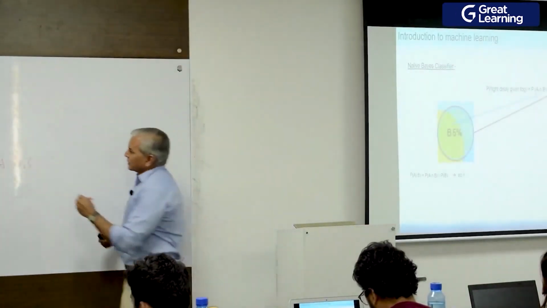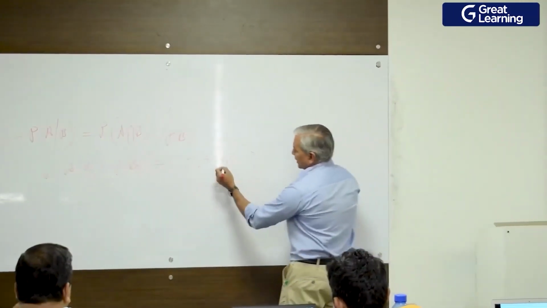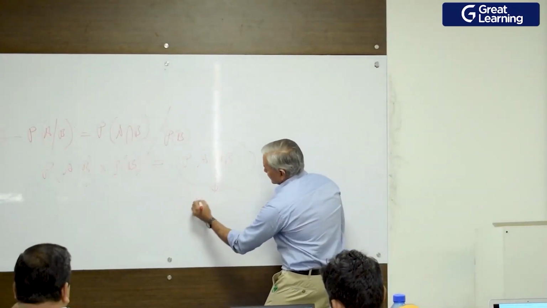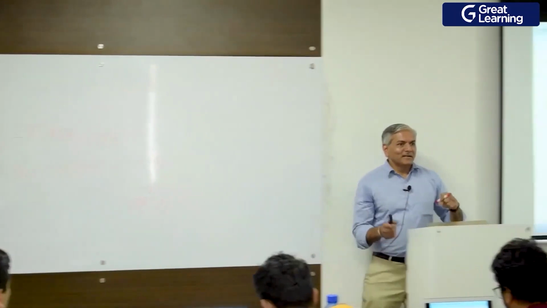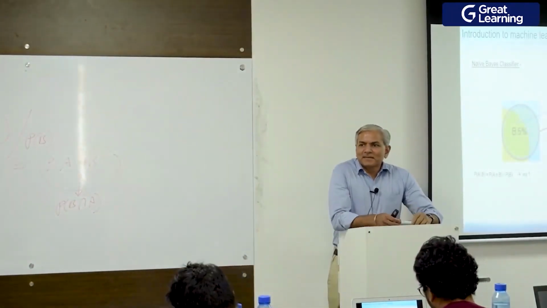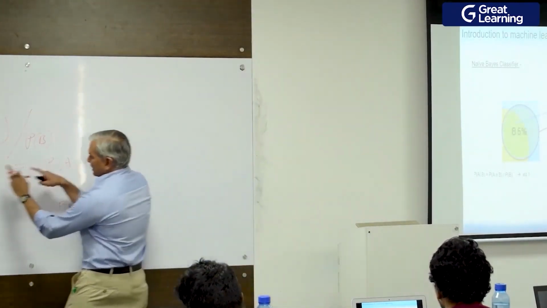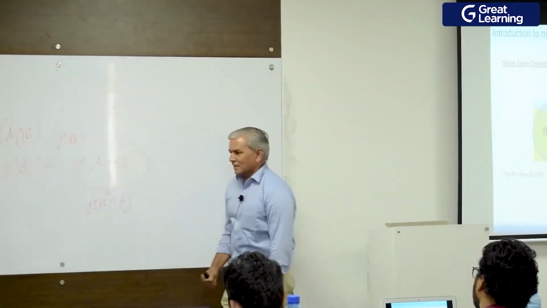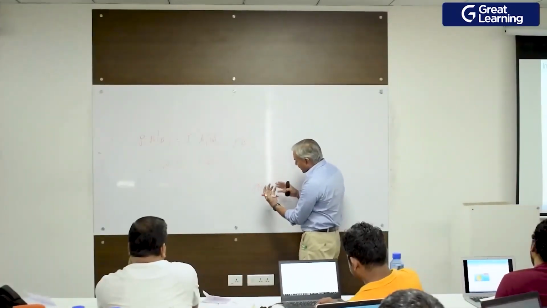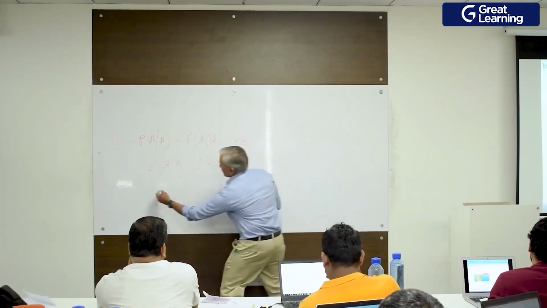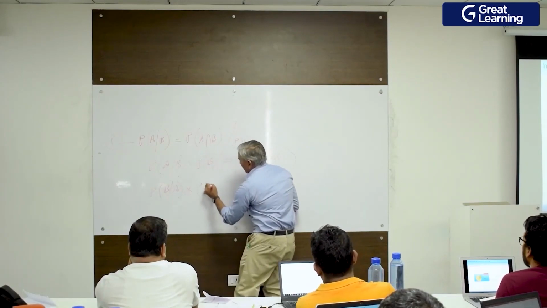Okay. Look at this P(A intersection B). Does it make any difference whether I write this as P(A intersection B) or P(B intersection A)? Does it make any difference? Okay. If P(A intersection B) is this, then P(B intersection A), where the numerator is changed and the denominator is changed, it becomes P(B given A) into P(A).